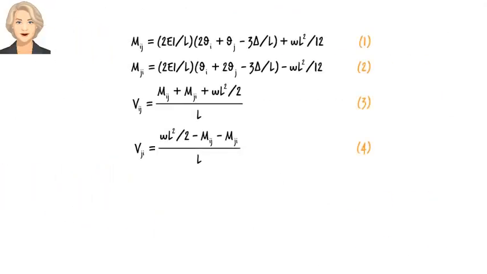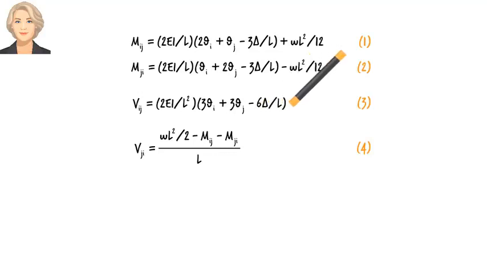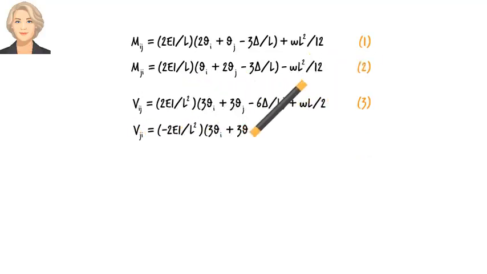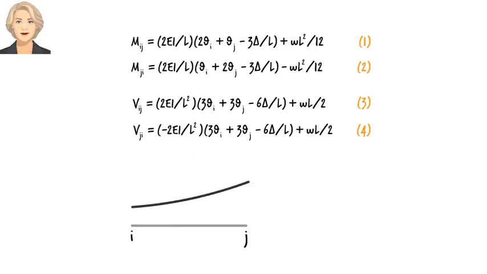Using 1 and 2, we can rewrite 3 and 4 as follows. These equations define shear and moment at the two ends of the member in terms of end slopes, theta I and theta j, and relative displacement, delta. Let's replace delta with the end displacements for the member.